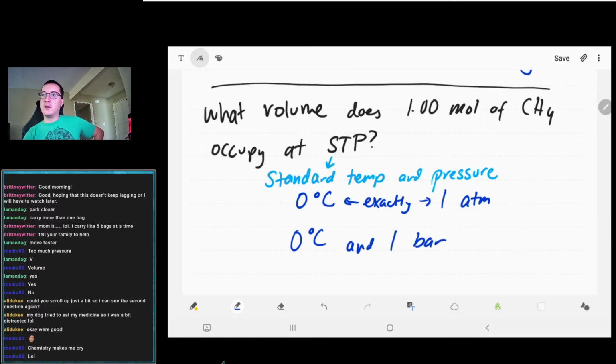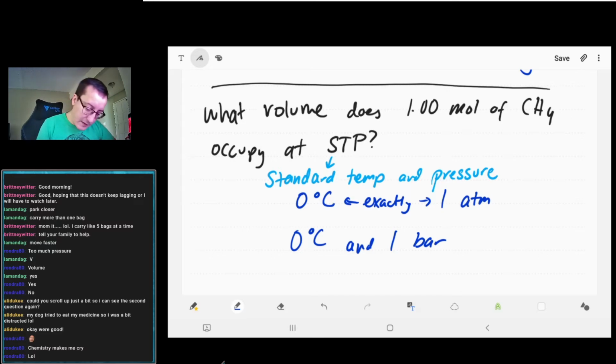However, even though that was 40 years ago, people still use the atmosphere one in their chemistry problems. Go figure. I guess nobody liked the change from atmospheres to bars, so they're still using atmospheres.